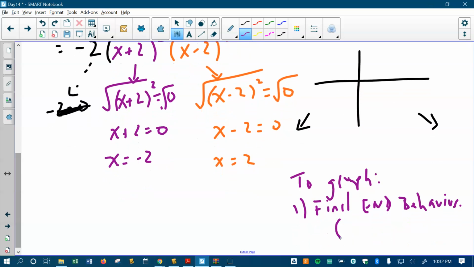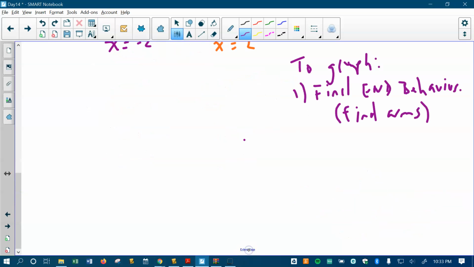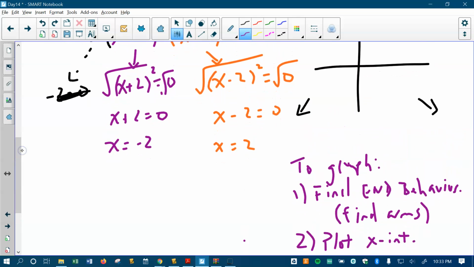Step 2, plot your x-intercepts. What I mean by x-intercepts is the part that we found. So we found x equals negative 2 and x equals 2, so let's plot those. We have a negative 2 here, and we have a 2 there. These are actual points on the graph.